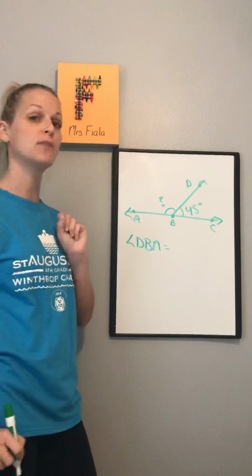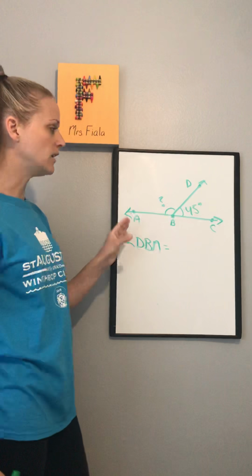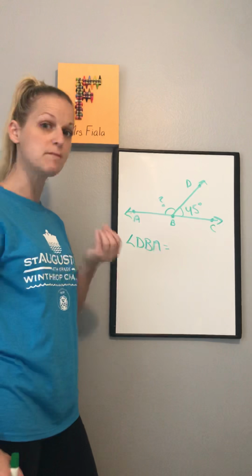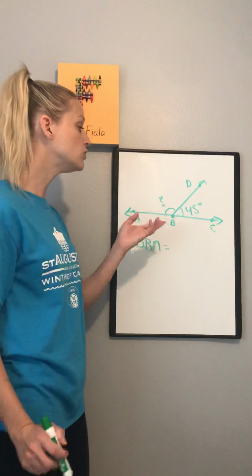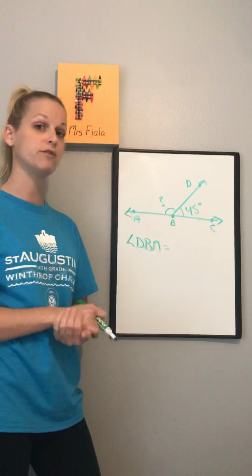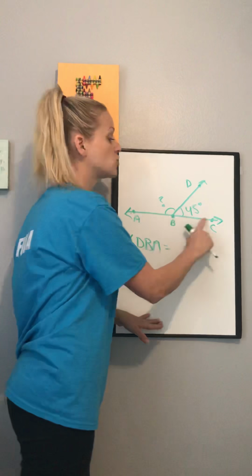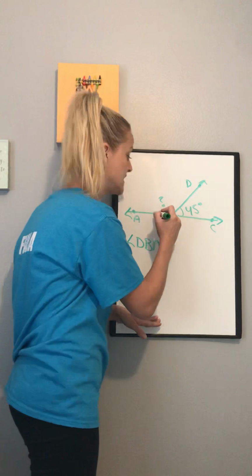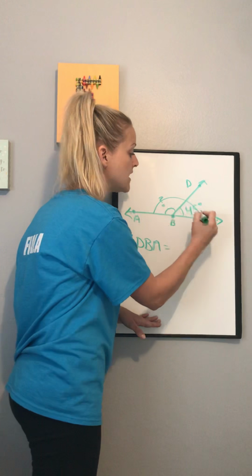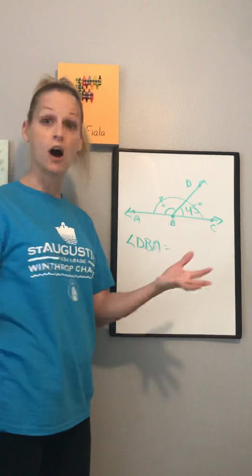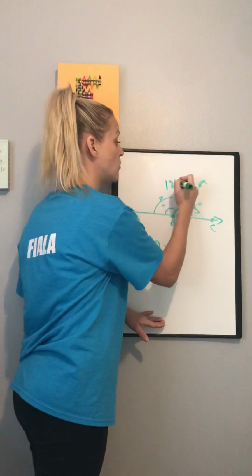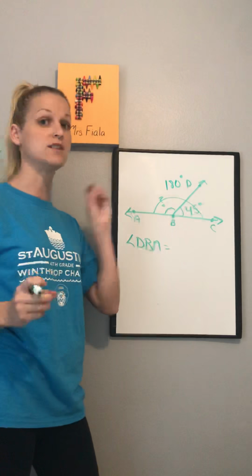I don't know it. So for this one, it seems kind of tricky, but remember in my other lesson, I told you, you are given another piece of information here. This we said is a straight angle. A straight angle, this whole big angle is 180 degrees. So I know the total is 180 degrees.